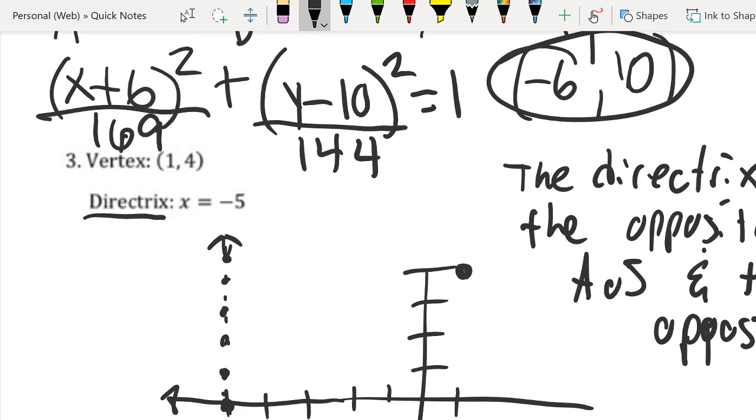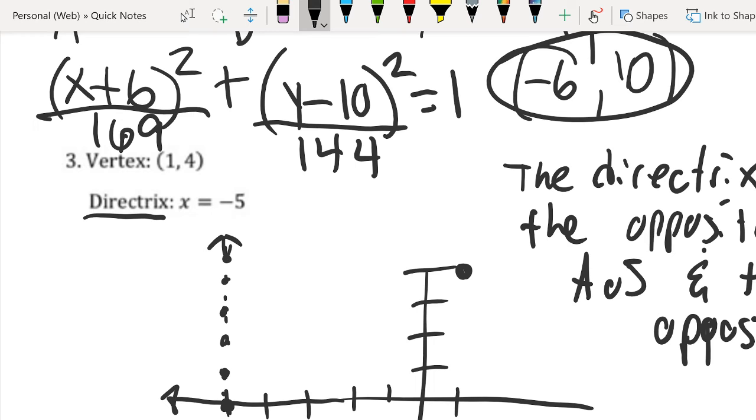In this case, we just have one, so focus. So directrix is kind of like the opposite of the axis of symmetry and the opposite of the focus put together. It's like if the axis of symmetry and the focus had evil twins, and they got married and had a child. That's what the directrix is.